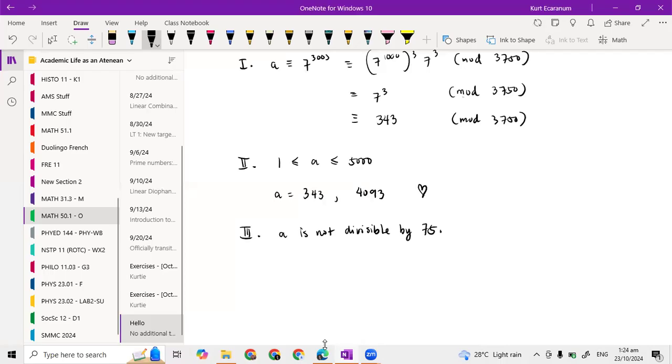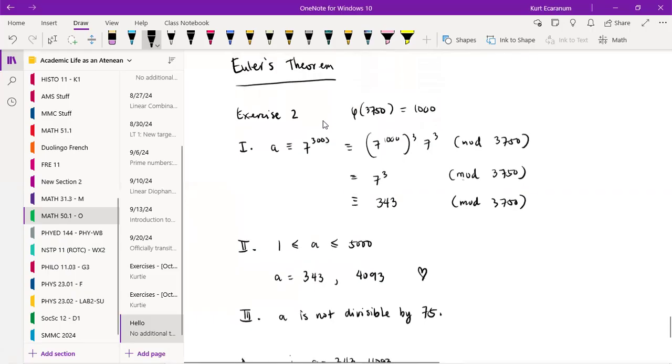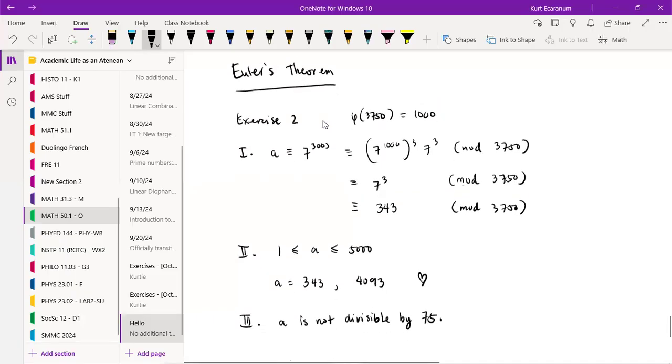And yes, none of them is divisible. So those are the values: A equals 343 and 4093. Exercise 2 is just a straightforward application of Euler's theorem.